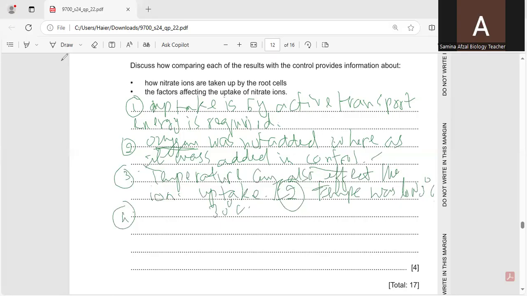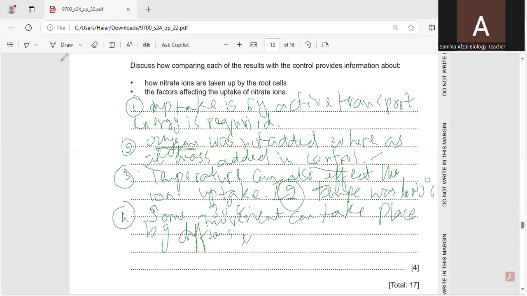And on the other side, the other thing which can be compared is that sometimes the movement can take place by diffusion.